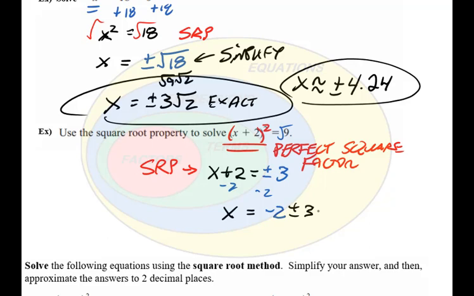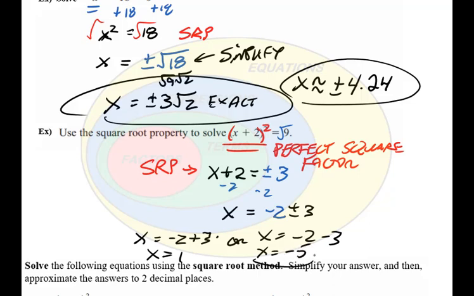And then we can look at each expression separately. So we have x equals negative 2 plus 3, so that means x equals 1. Or x equals negative 2 minus 3, which is negative 5. So again, we're just going to work with this plus or minus term as a term, solve for x first, and then split it up to find our values.